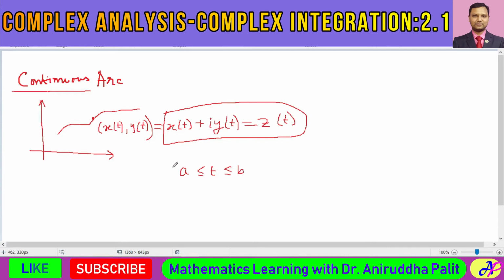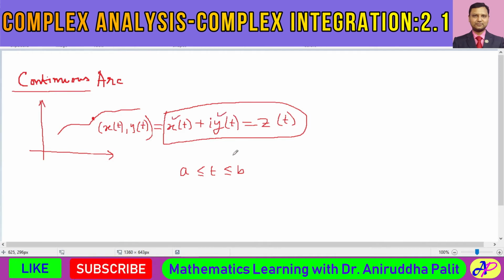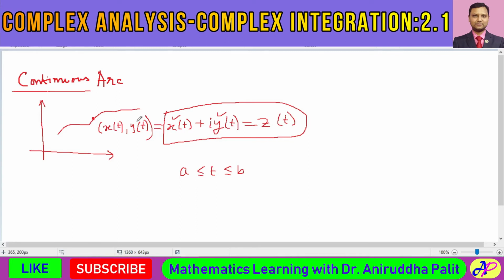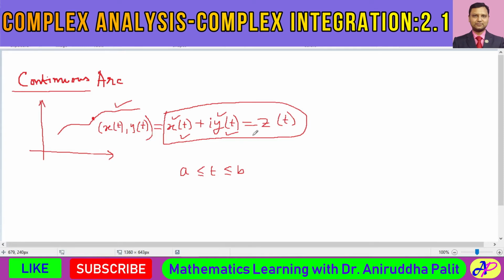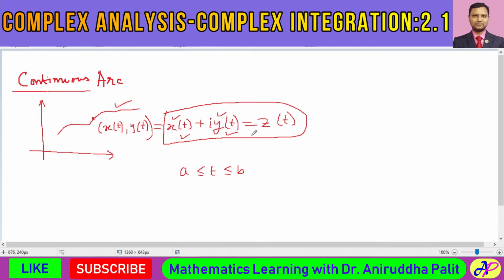On this interval, if the functions x and y are continuous, then we say that the curve represented by z of t equals x of t plus i into y of t is called a continuous arc, or a continuous curve.